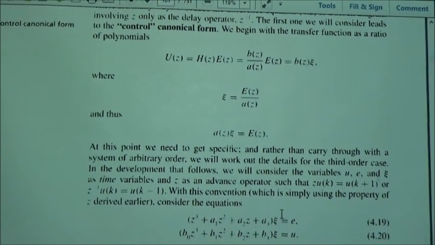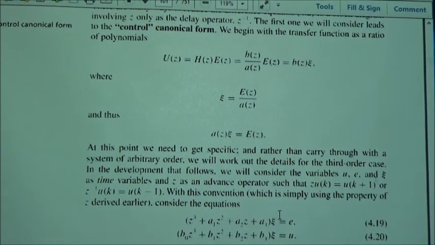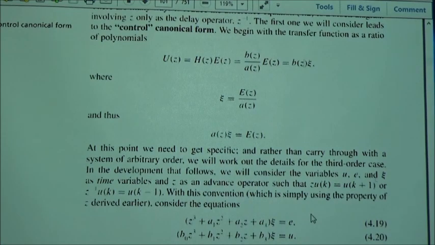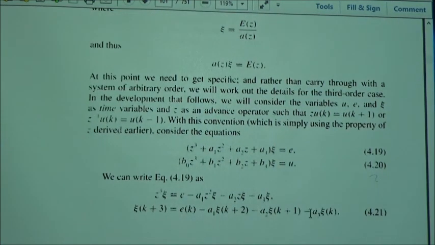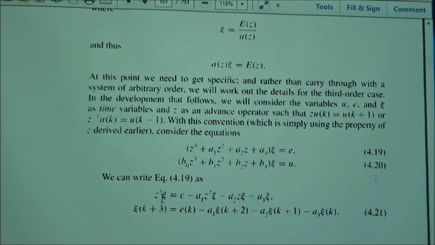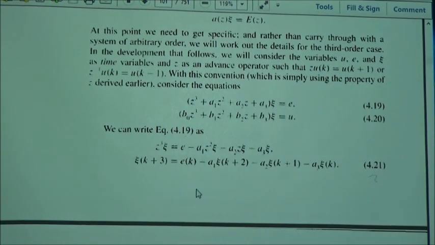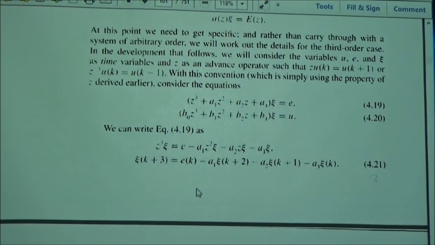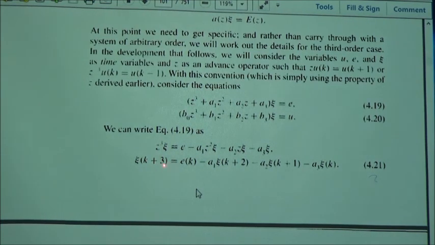So you need to be more cautious, as I said before. If we multiply out this term, on the left side is going to be E minus A1 Z to the minus 2 and so forth. If I bring it back into discrete form, you have zeta of k plus 3 equal to this quantity.